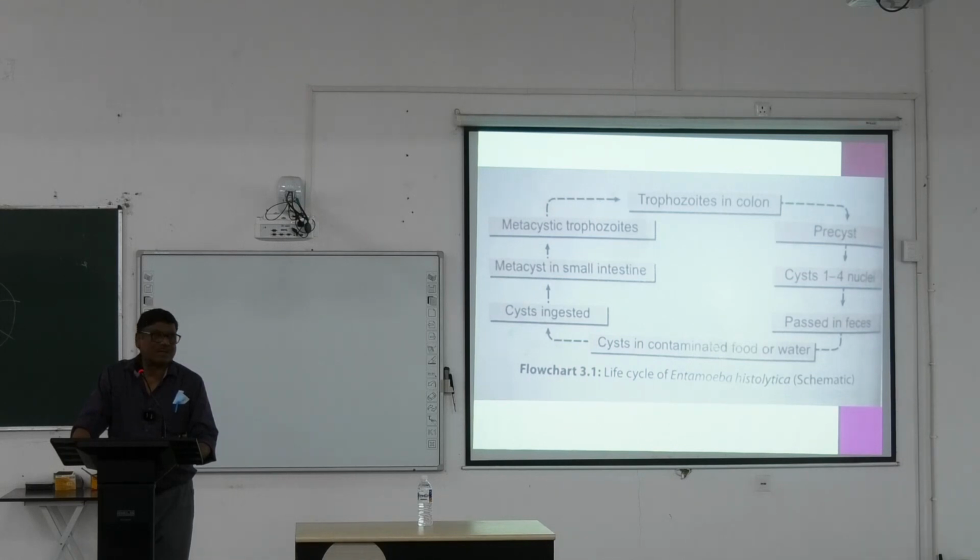And this particular organism, Entamoeba histolytica, is often responsible for the differentiation of pass and fail. If the candidate is able to answer all those questions on Entamoeba histolytica, pass, and finally, if not, fail.